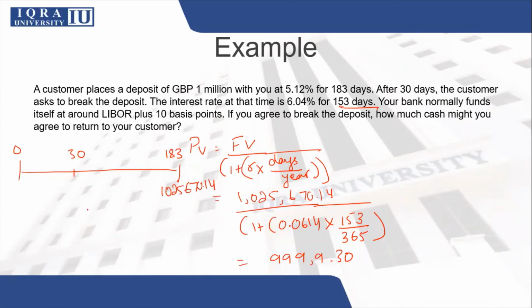But since you have broken the deposit and you want the amount 30 days later, you will get an amount of 999,999.30 back, even though you had deposited an amount of 1,000,000. So you can see that there is a penalty on you because you have broken the deposit. The bank is going to borrow this much amount and give you back this much amount, so that the bank does not lose anything.